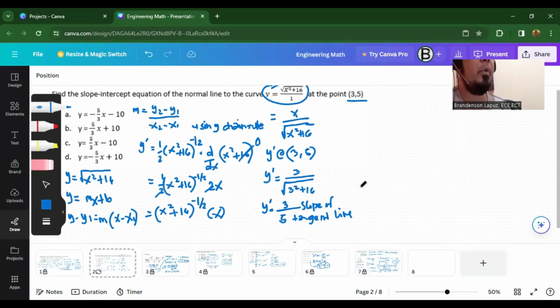Remember, recall that m is your tangent line slope, where negative 1 over m is the normal line.